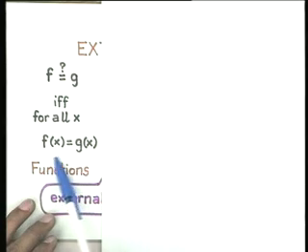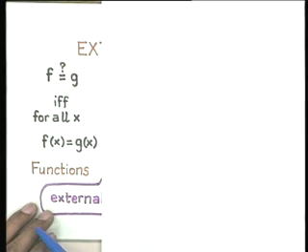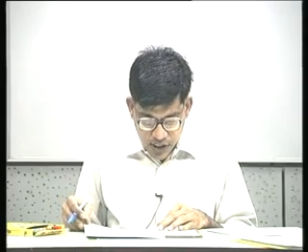This is what might be called an extensional notion of equality. If you look at the two functions as black boxes with an input port, and for all possible input values they give you the same output, then essentially the two black boxes are indistinguishable and one can be used for the other. That is extensionality.